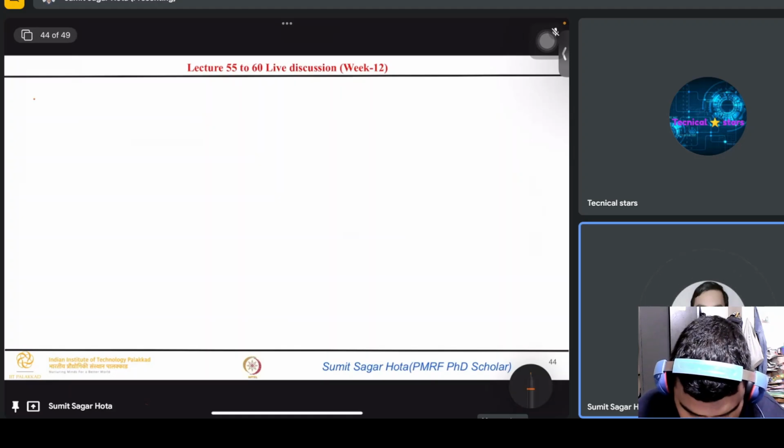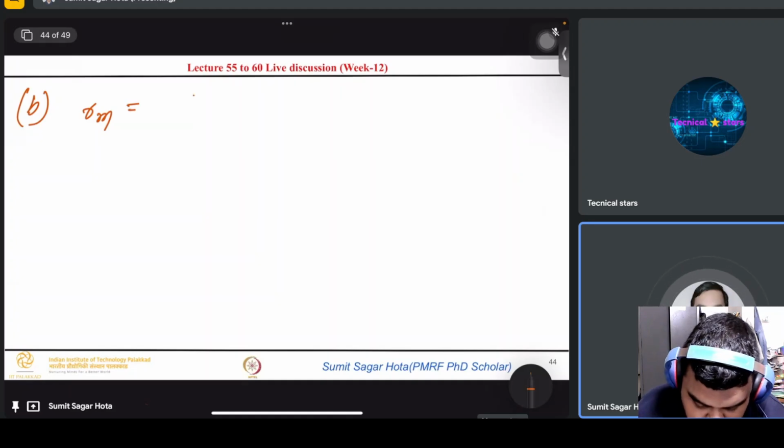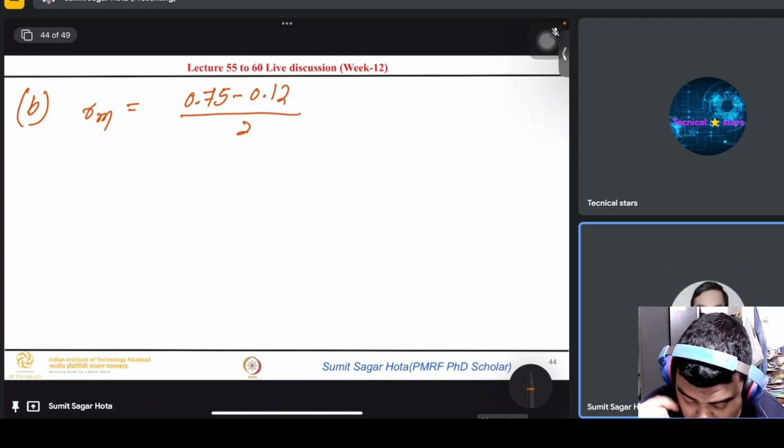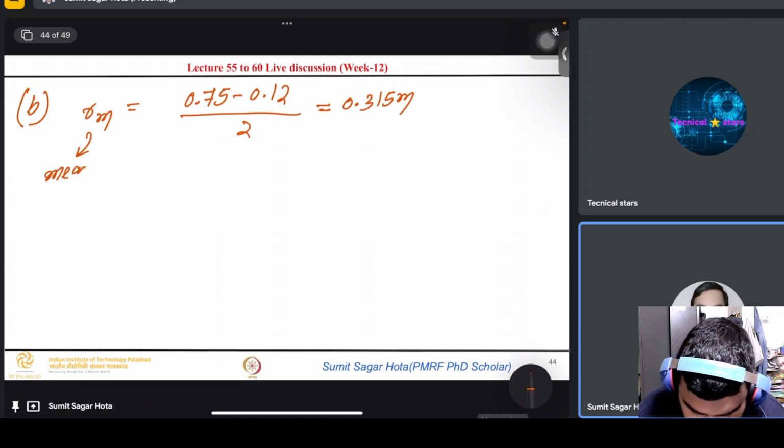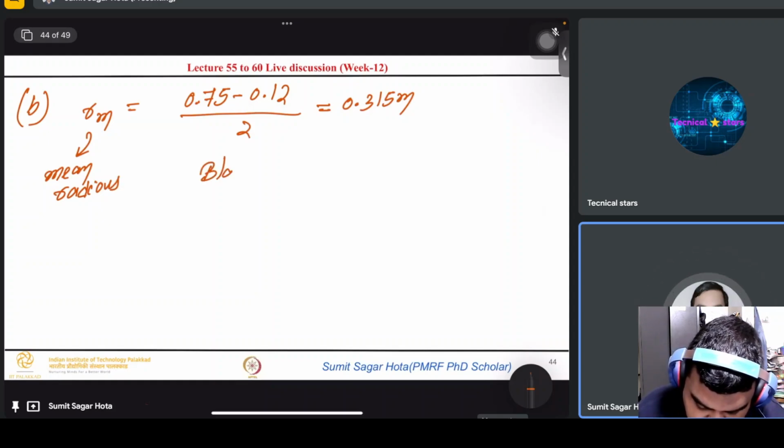So let's just start the B bit. Rm is equal to 0.75. All these things we already have. You can find out the mean radius. Next is your blade speed.